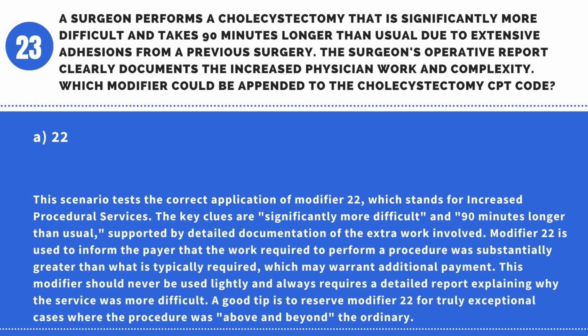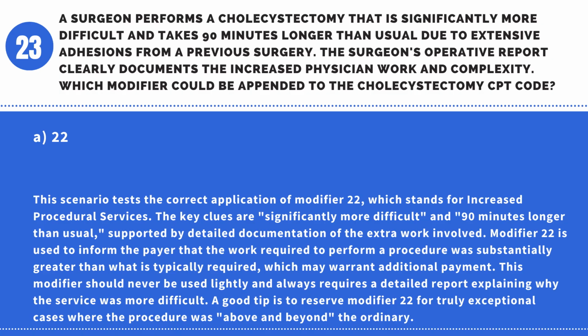Answer: A. 22. This scenario tests the correct application of modifier 22, which stands for increased procedural services. The key clues are significantly more difficult and 90 minutes longer than usual, supported by detailed documentation of the extra work involved.